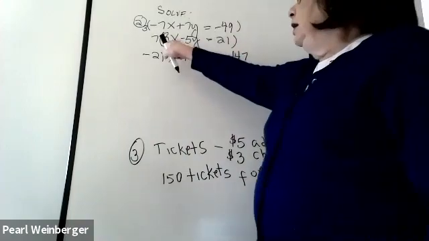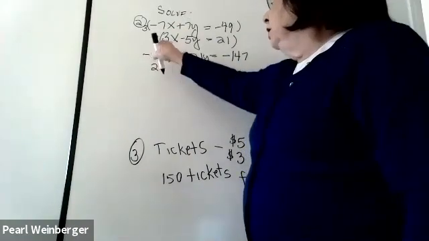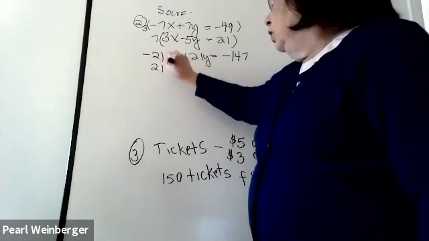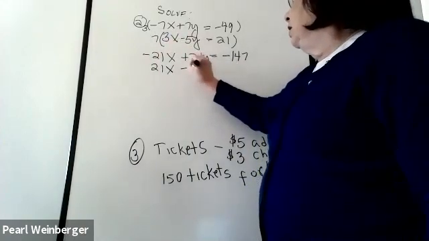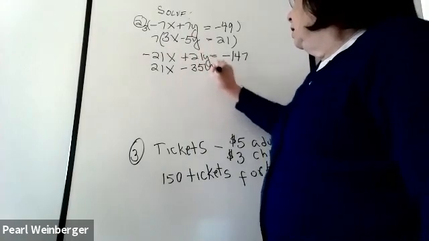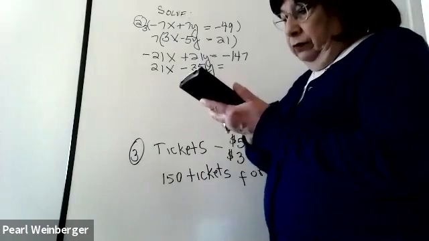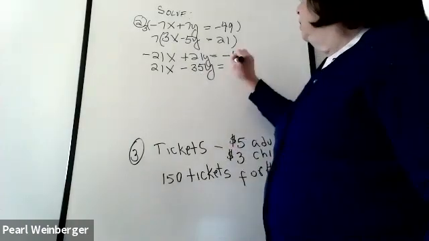The bottom equation I'm multiplying by 7. So 7 times 3x is 21x. 7 times negative 5y is negative 35y. And 7 times 21 is 147.